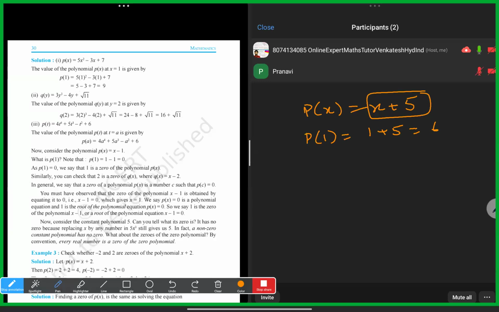If I keep x as 2, 2 plus 5 is 7, so its value is 7 when x is 2.